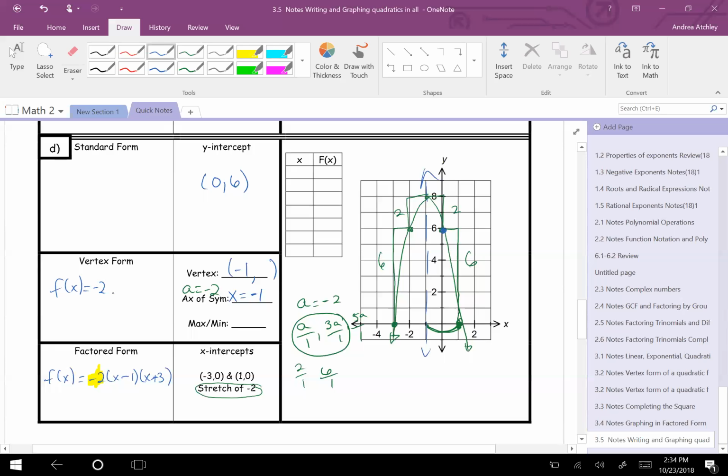Equals -2 times (x plus 1) squared, plus 8, sorry. Any questions on how I got that? I have my a value and I have my vertex. So I plug it in. The x value changes signs. The y value stays the same. Because this is my h and my k.